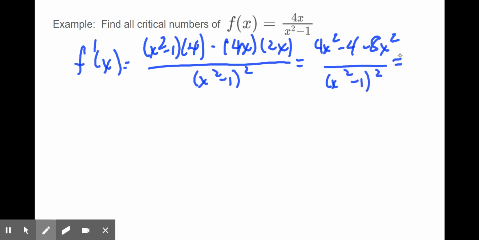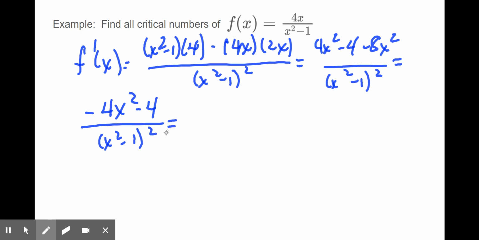So that's going to give me negative 4x squared plus 4 over x squared minus 1 squared. If you want, you can either factor out the negative 4, it's common in both, or just set the top equal to 0 to find the potential critical numbers and solve it that way. It doesn't make a difference. So there is your derivative.